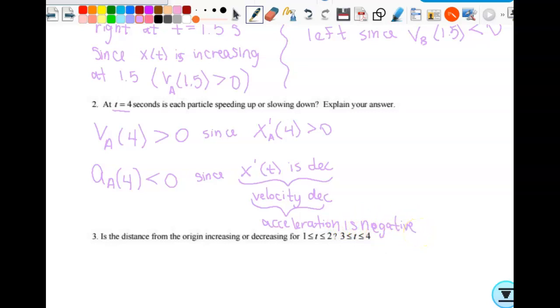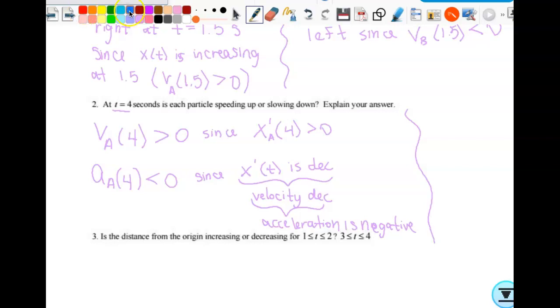And we're still working on particle A, by the way. We still haven't answered the question yet. If velocity is positive and acceleration is negative, it's slowing down because they have different signs.